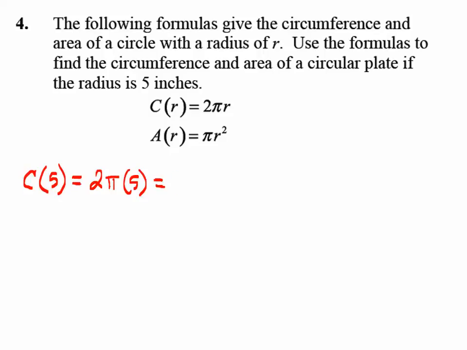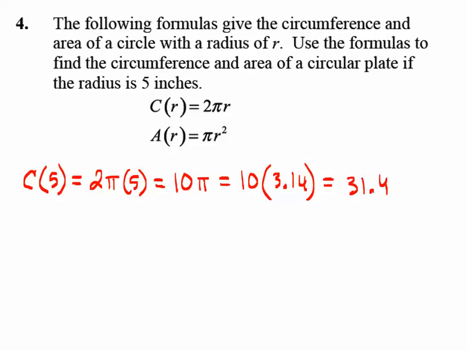So multiplying the 5 in, it makes 10 pi. And what the book normally does is plug in the approximation 3.14 for pi when it's trying to find a decimal answer. Then again, if you use a calculator, go for it to finish it off.